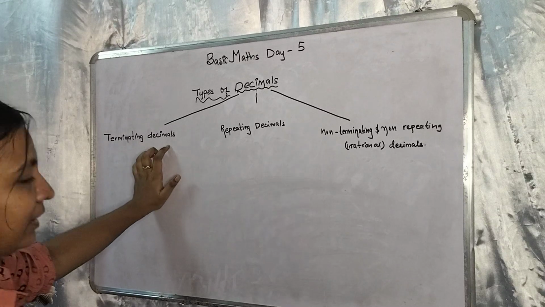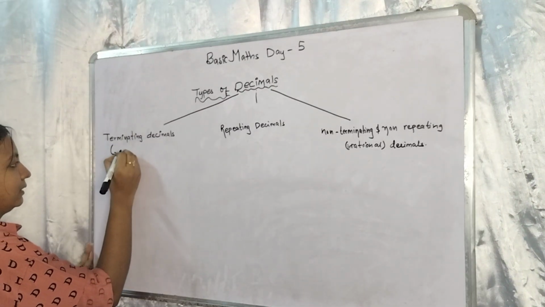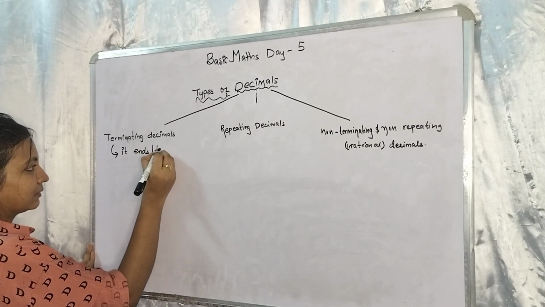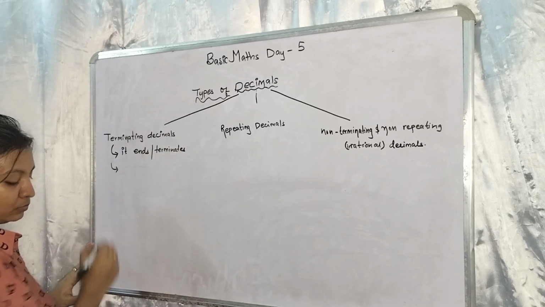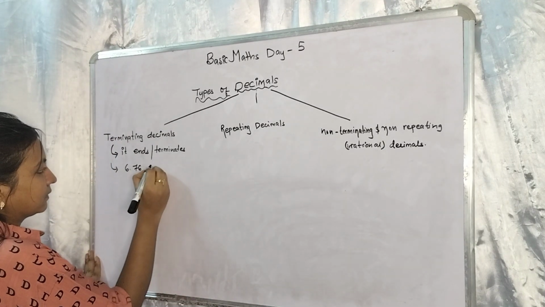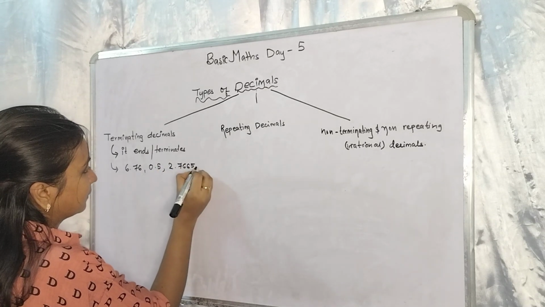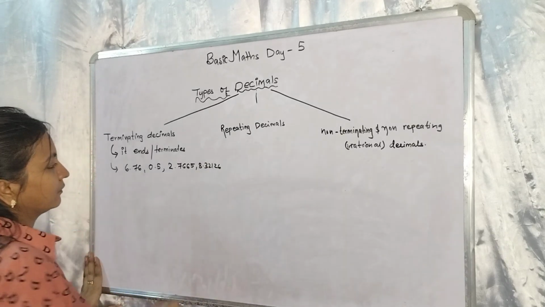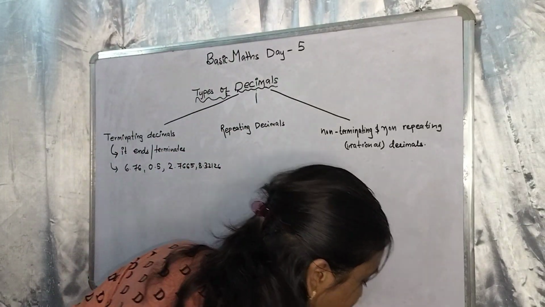Now let's study the different types of decimal. See, this is a terminating decimal. Terminating decimal means it ends or terminates. The first example I gave you, 6.76, then 0.5, 2.7665, 8.32126, are some examples of terminating decimals.